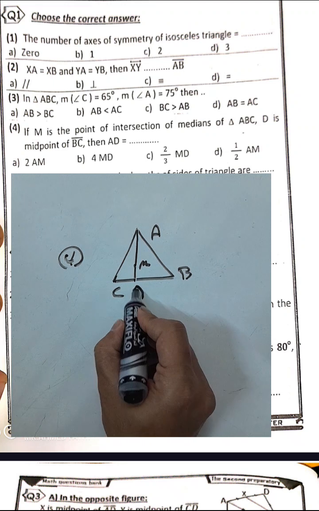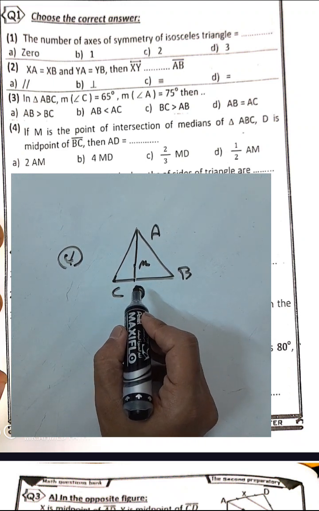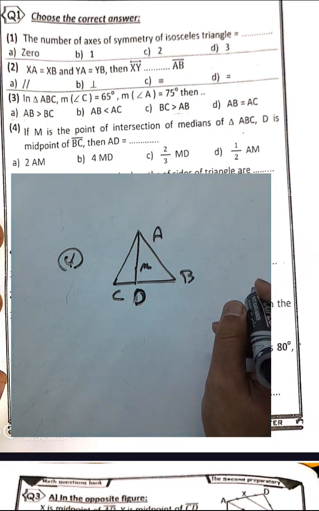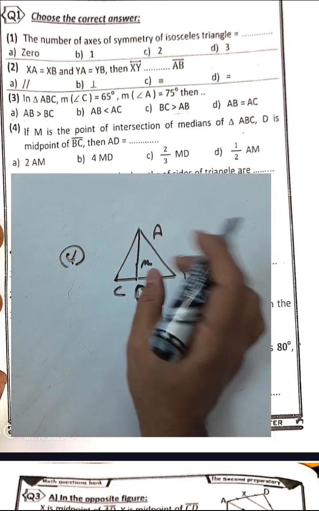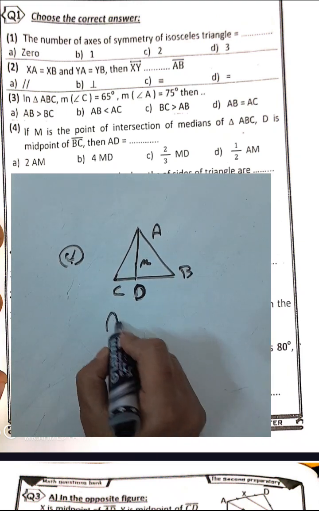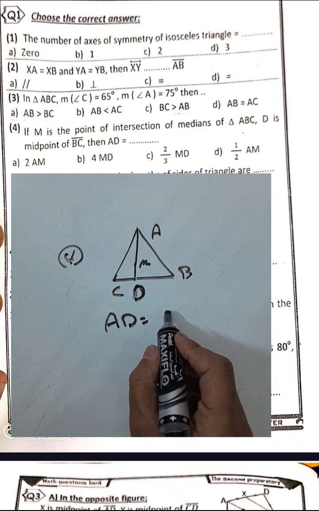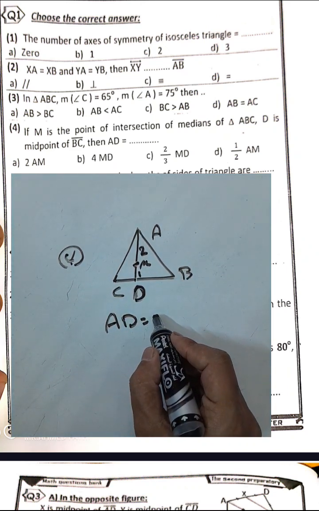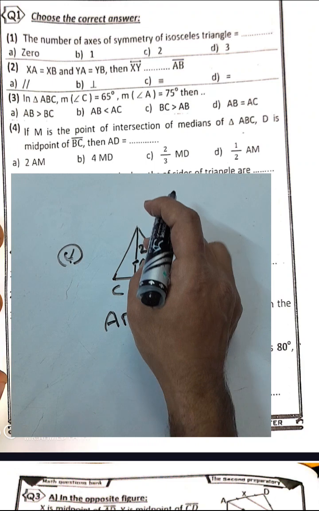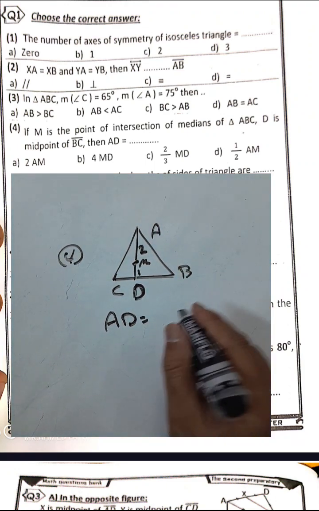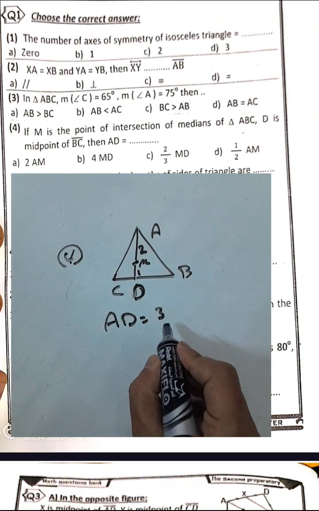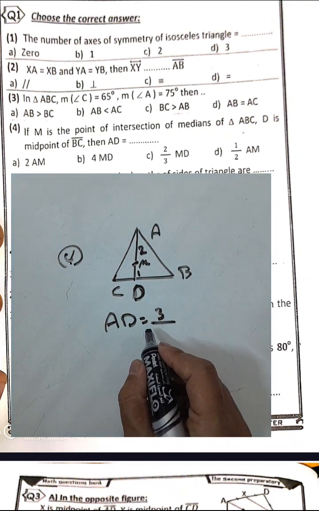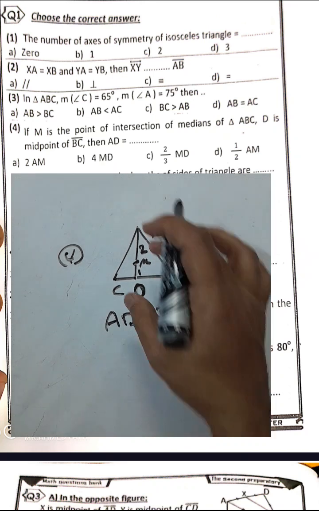AD is a median, D is the midpoint of BC, and M is the intersection of the medians. You want to find the ratio between AD and what? AD will be divided 2 and 1. You can find the ratio between AD and MD. AD has 3 parts, 2 plus 1, 3 parts.